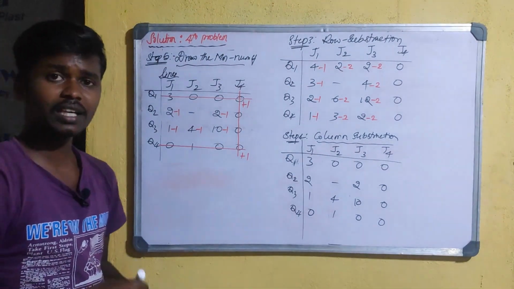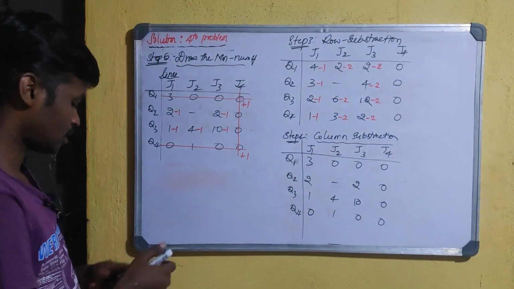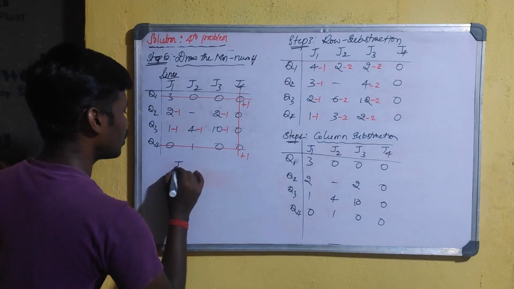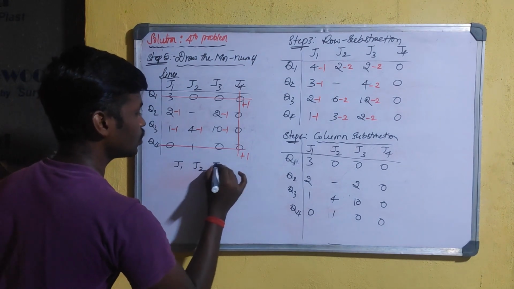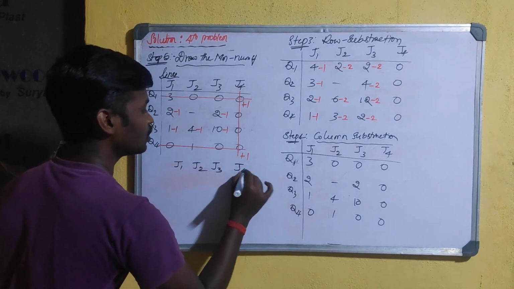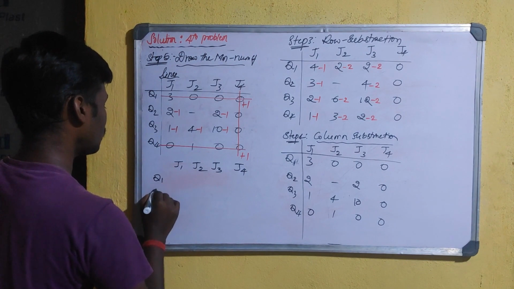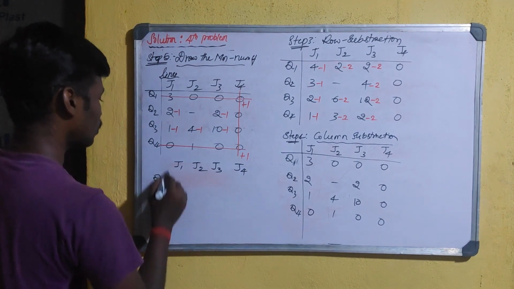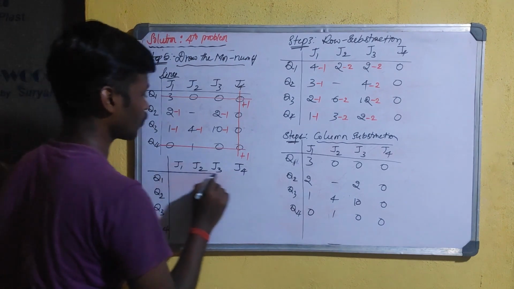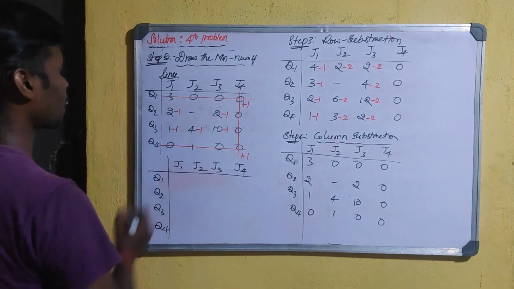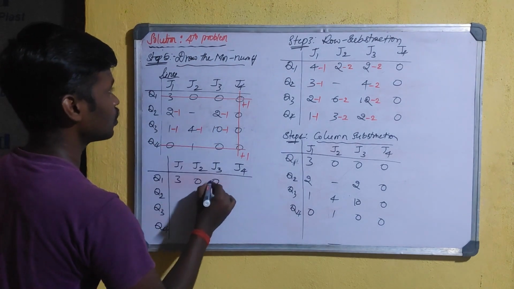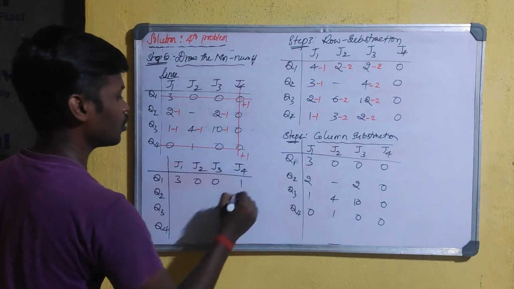Then you will get another matrix, right? See, so J1, J2, J3 and J4, Q1, Q2, Q3 and Q4. Okay, see, 3 0 0 and 0 plus 1, 1.